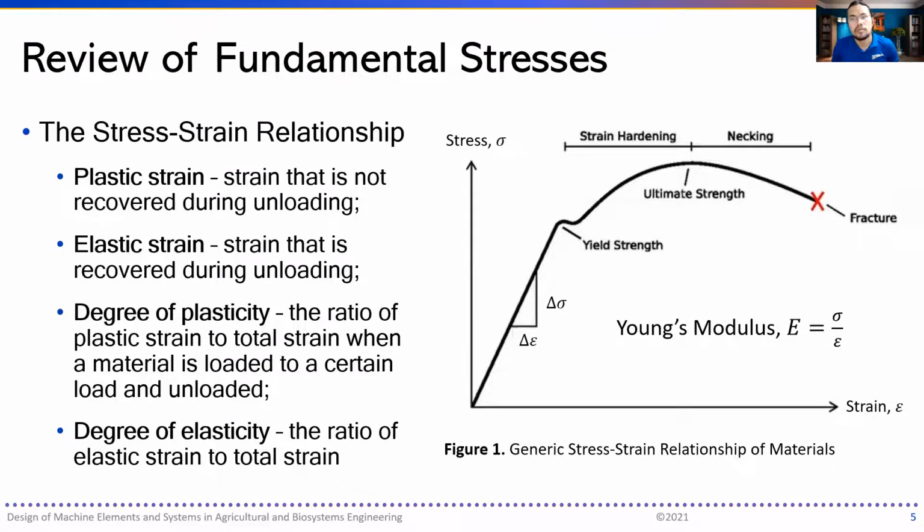It's important to take note of specific portions of this diagram, and you have here, for example, the plastic strain, the elastic strain, and these are specific points related to the behavior of the material when they are experiencing stress.